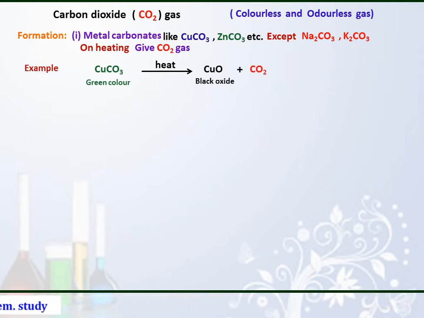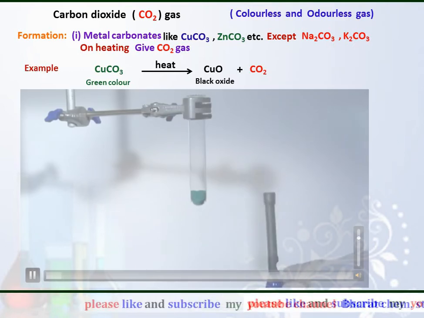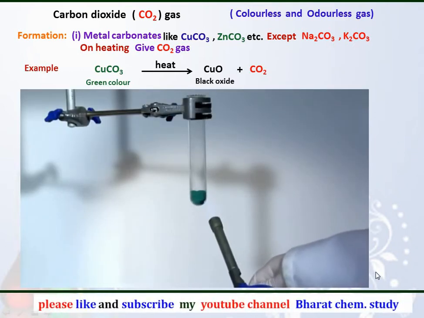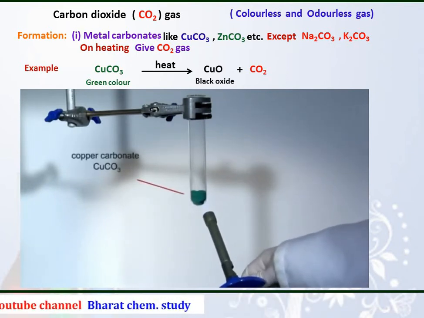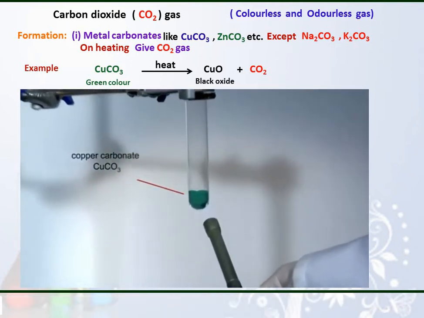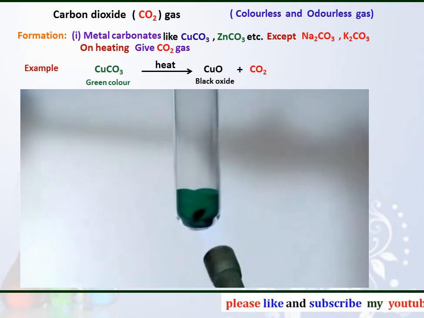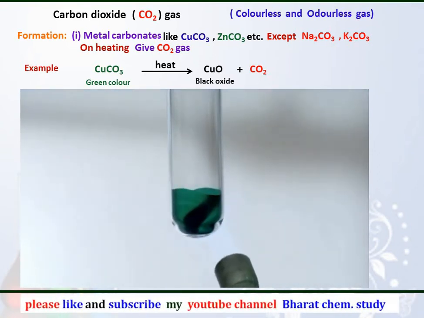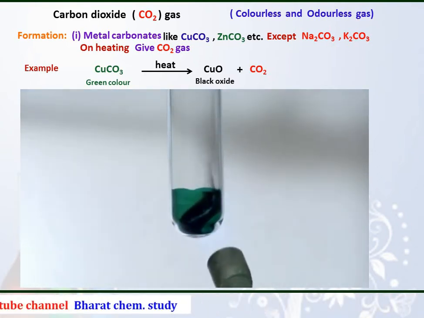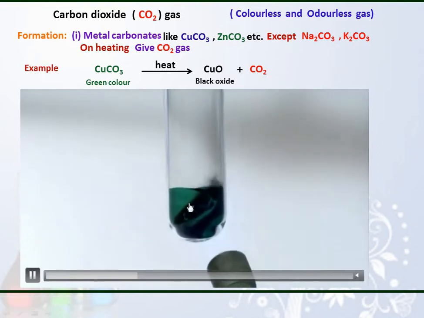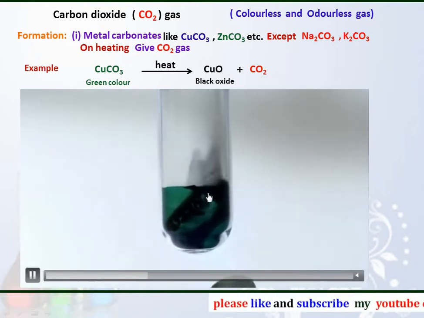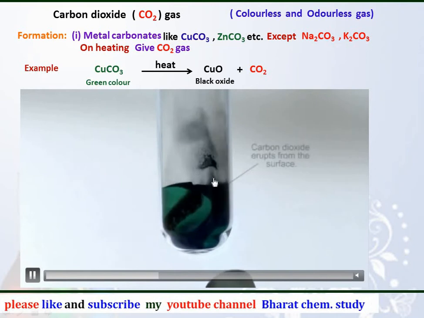So let's see how this carbon dioxide is produced on heating copper carbonate. Here in a test tube we have taken green color copper carbonate, and now we are heating it with the help of a Bunsen burner. Because it's a solid, on heating you can easily see the change in color of this copper carbonate, and the powder is flying above.